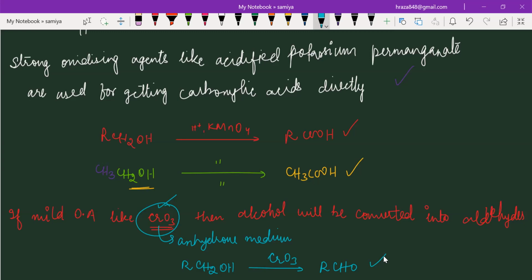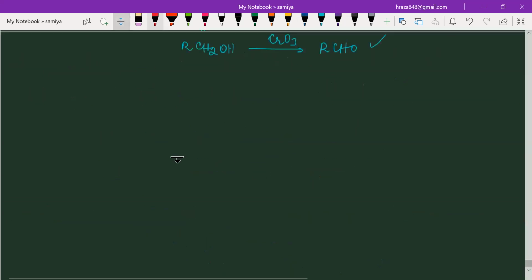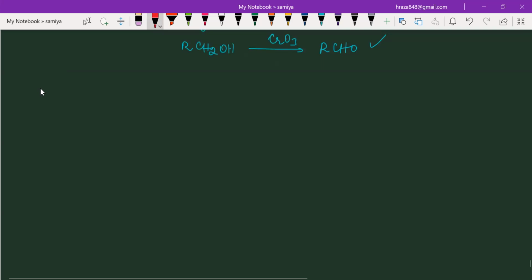Please let me know when you are done with this. Done, sir. We just need to remember the reagents like acidified KMnO4 and this CrO3. There will be another reagent that will be known as PCC.